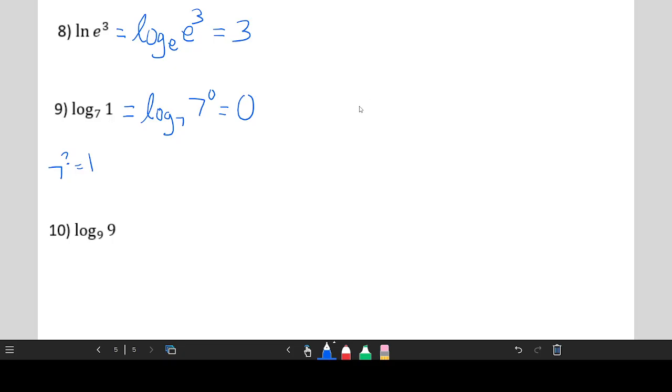That's going to be something common that you see regardless of what the base is, right? Because any non-zero number raised to the 0 is 1. So if you have log base 5 of 1, for example, well, 1 could also be written as 5 to the 0, and so you're left with 0.